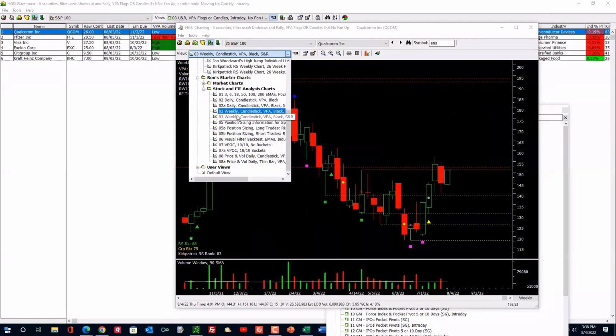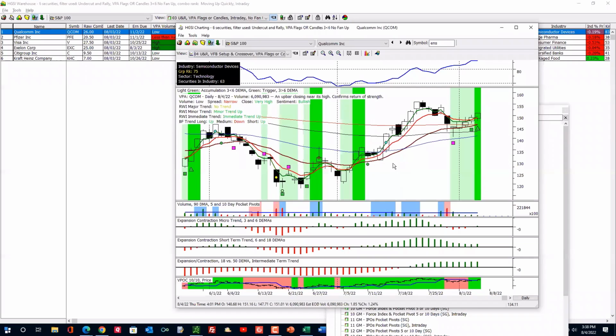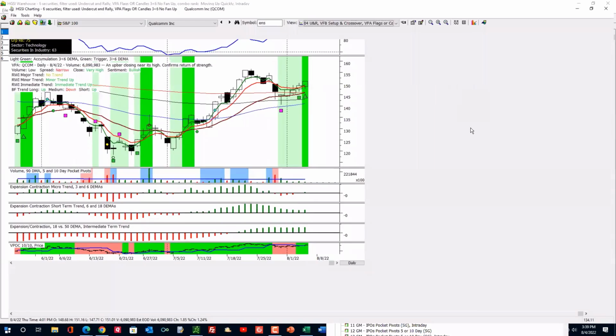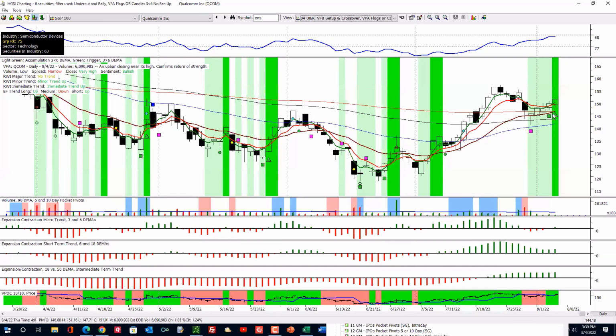That's the wrong one. The fan is not quite in place because the 200 is here. It's hard to see on this chart. The 200's here. Here's the 18. These would have to get above the 200 for the fan to be in place. That's why I built this scan, so we can find stocks like this.